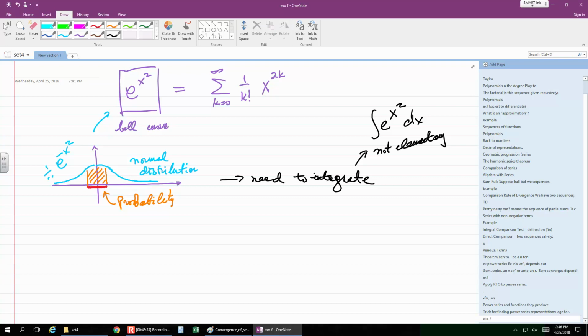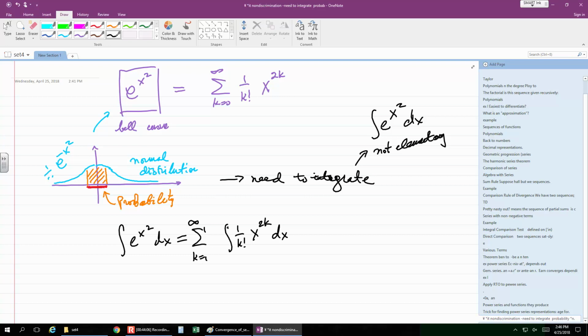So what to do? Now we have the answer, and it is simply to integrate term by term. We just did differentiation term by term, and now we can also integrate term by term. So the integral of e to the negative x squared dx is integrated term by term, the sum of 1 over k factorial x^(2k) dx.